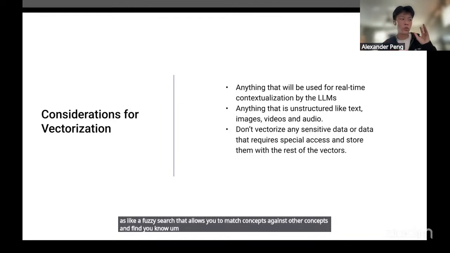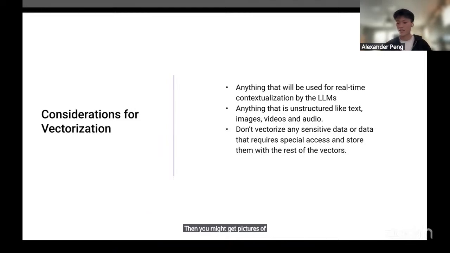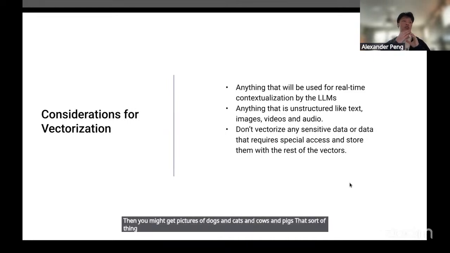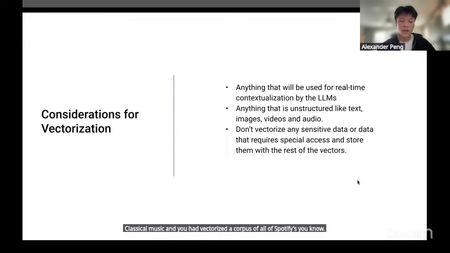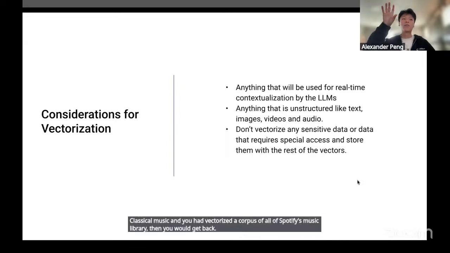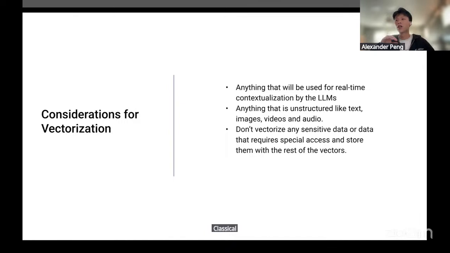If you searched for the word animal, for example, and you had a corpus of vectorized images, then you might get pictures of dogs and cats and cows and pigs. Or if you searched, and we'll go through the code today, for classical music and you had vectorized all of Spotify's music library, then you would get back classical music as opposed to indie music or electronic music.